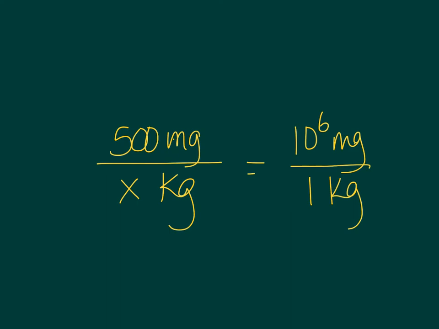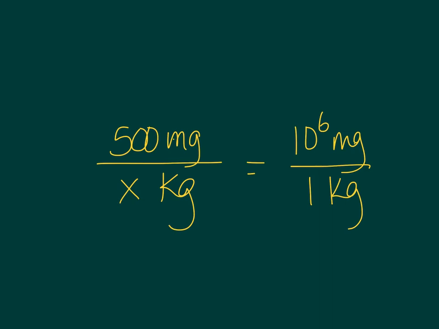We could move the decimal point. Okay, so you have more of the smaller unit. So kilograms is bigger than milligrams. Do you agree? So we need to make that 500 a smaller number.